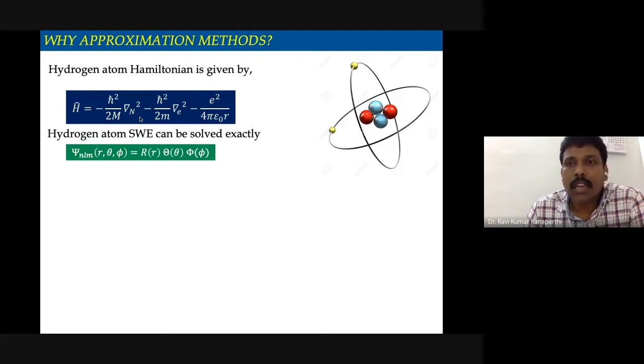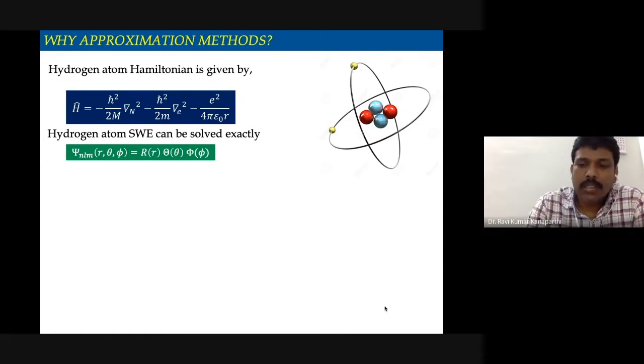Suppose we are interested in finding the wave function and eigenstates of a helium atom. Any problem that we would like to solve in quantum mechanics starts with writing the Hamiltonian. So let us write the Hamiltonian for the helium atom, which is the second simplest atom. How do we write it?